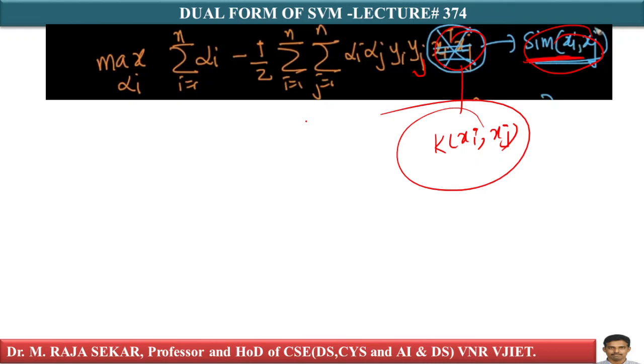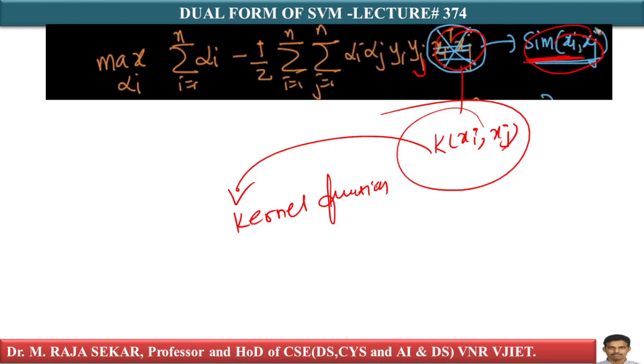Here, what is this k? K is known as kernel function, which is very similar to the similarity function. We will understand what a kernel function is in a little while. Roughly I can say it is similarity between xi and xj.